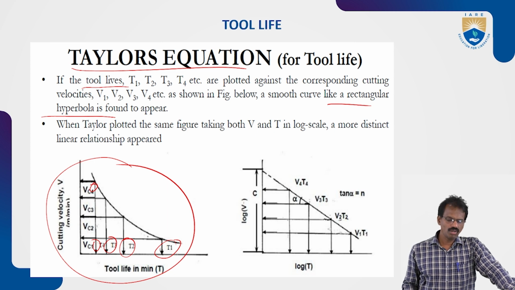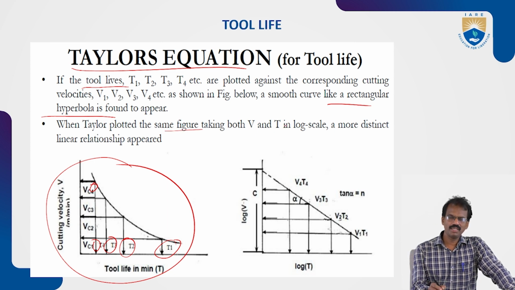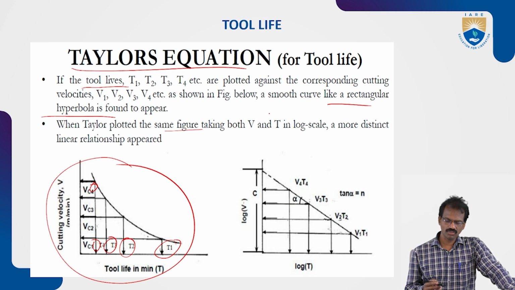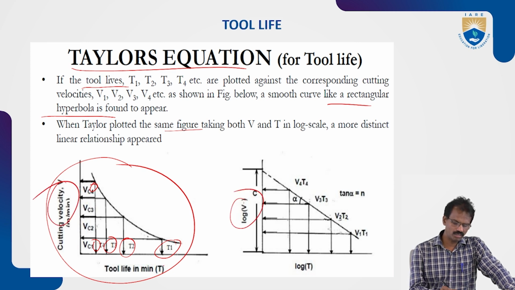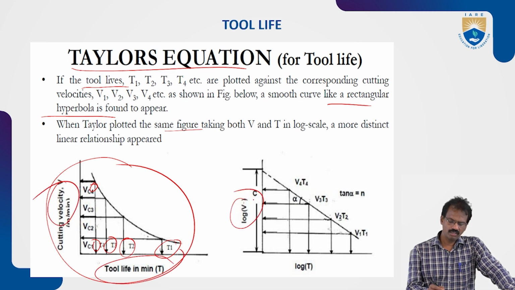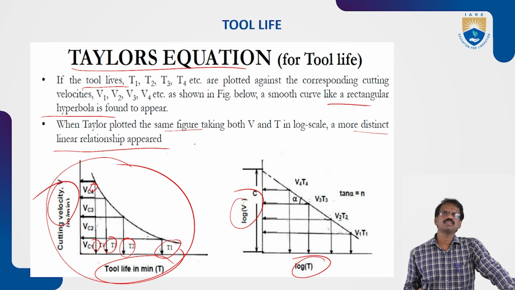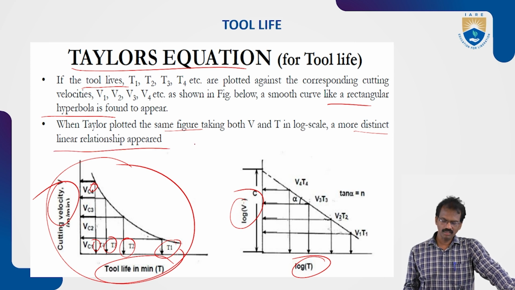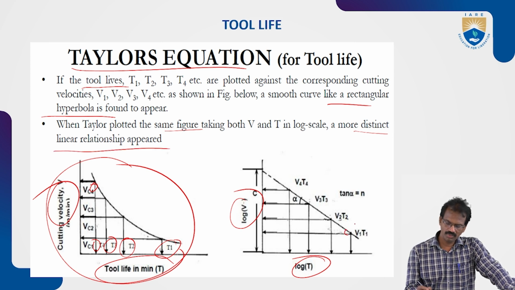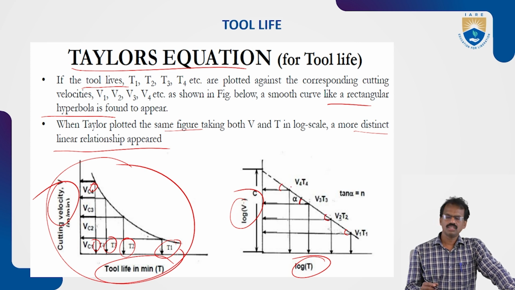Taylor plotted the same figure by taking logarithms. This is the log of cutting velocity, and this is the tool life. When he applied log V and log T, the curve appears as a linear relationship. The angle of this line gives tan alpha equal to n.